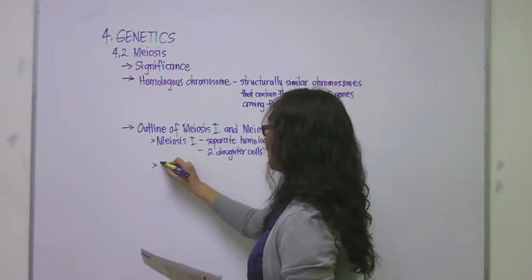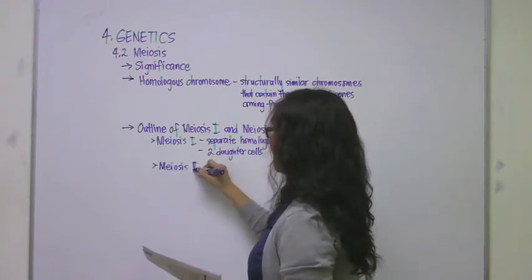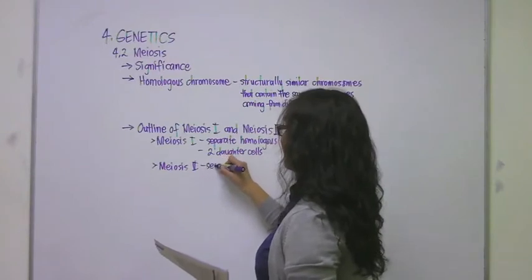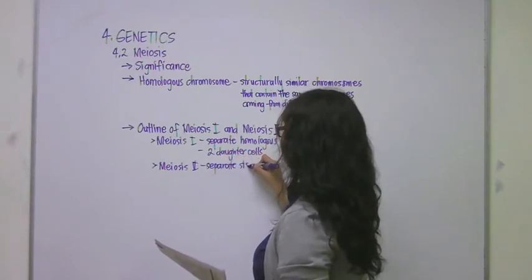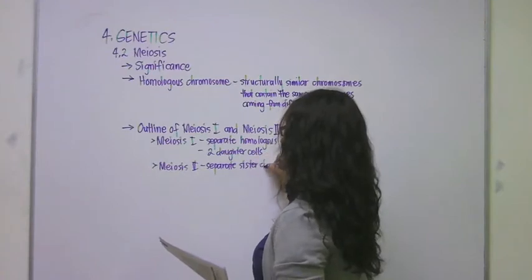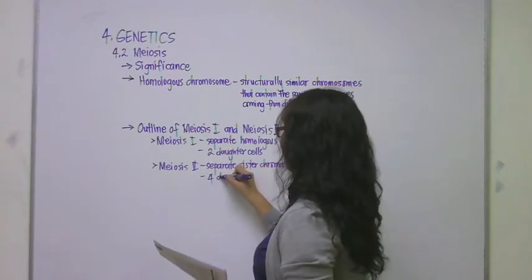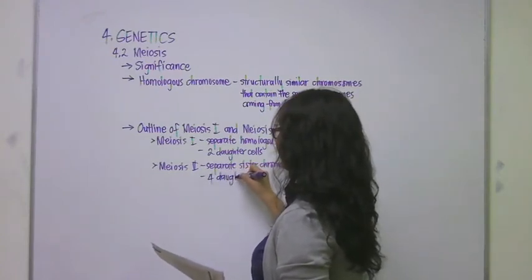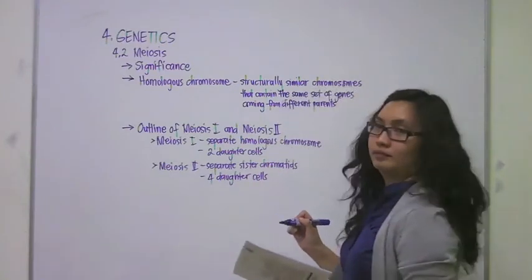And meiosis 2, this is where it separates the sister chromatids, wherein it produces 4 daughter cells in the end.